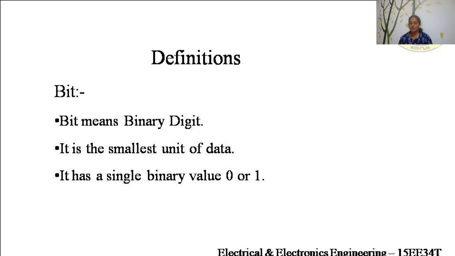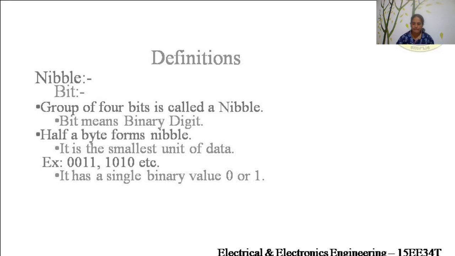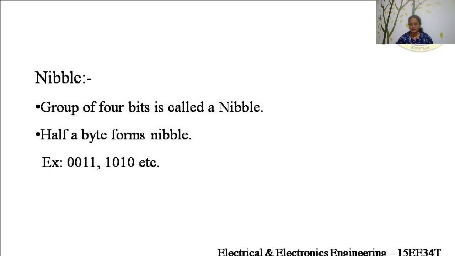The value of a bit is usually stored as either above or below a designated level of electric charge in a single capacitor within a memory device. Definition of a nibble. Group of 4 bits is called a nibble.